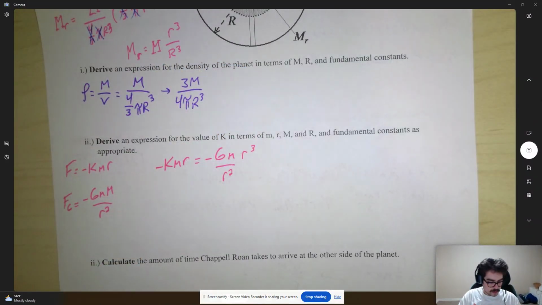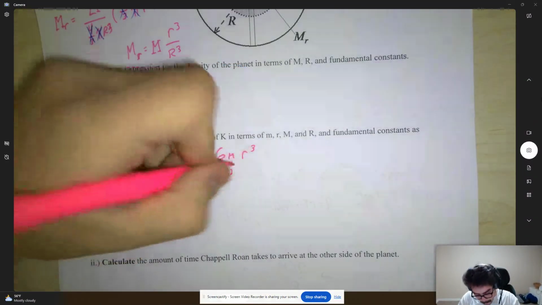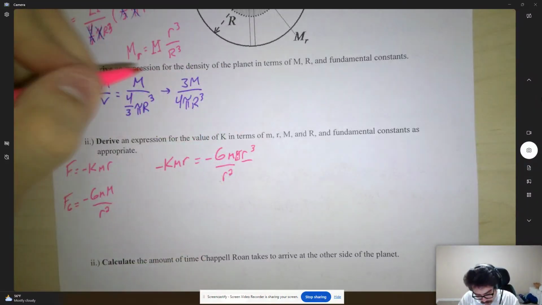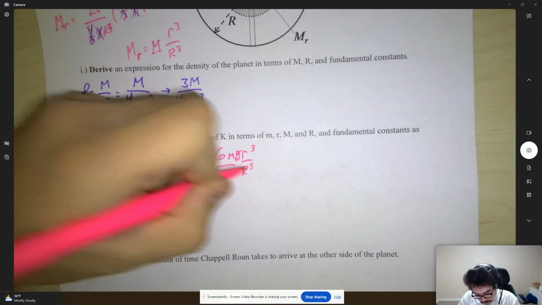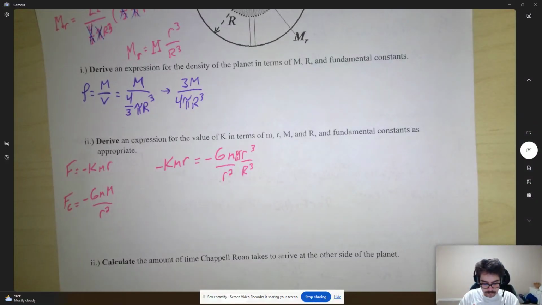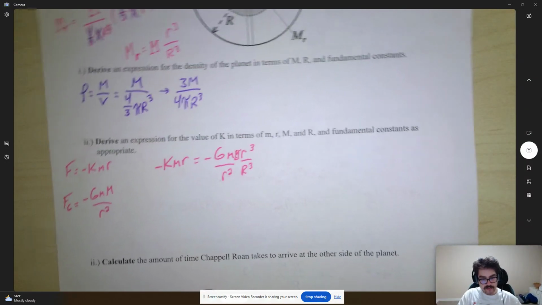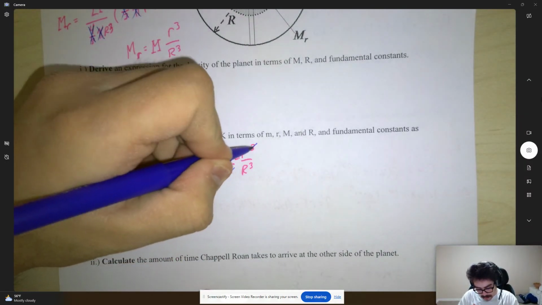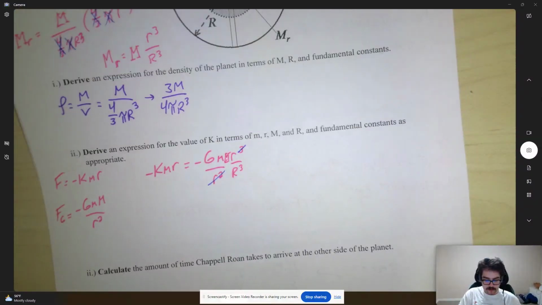Sorry, I should put big M in the top here. Little r cubed over big R cubed. You will notice that I can do a little bit of cancellation here. I can cancel out my r squared on the bottom and make it into just one r on the top.